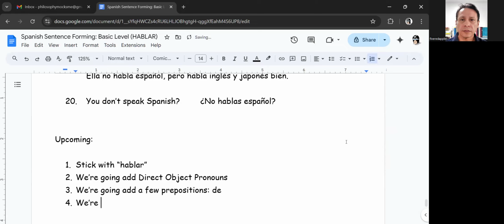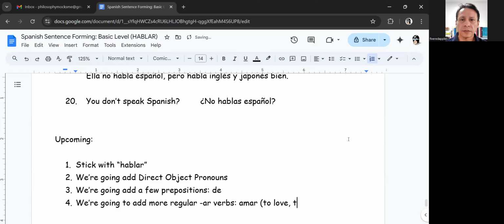And we're going to add more regular AR verbs. For example, amar, to love or to like.